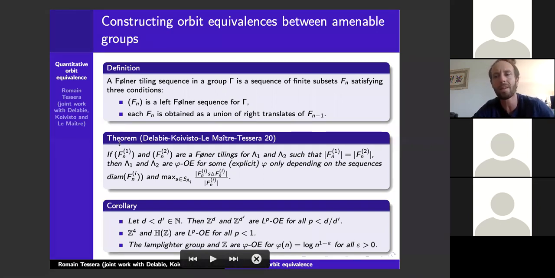So of course you may think, well, Romain, why are you trying to recover stuff which is already known? Ornstein-Weiss has done the work for you. You just have to take their proof and find the good quantifiers, you know. But the point is that their proof is existential. It works for any amenable group. So it doesn't tell you anything.